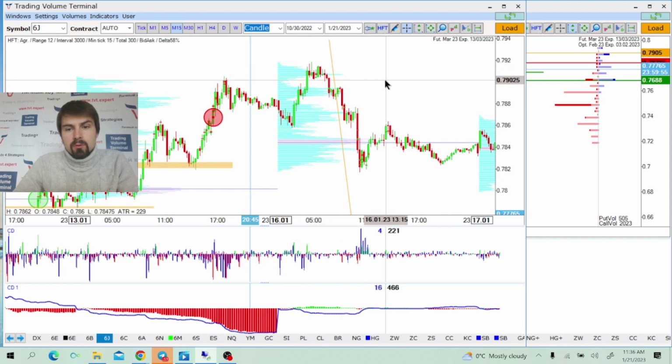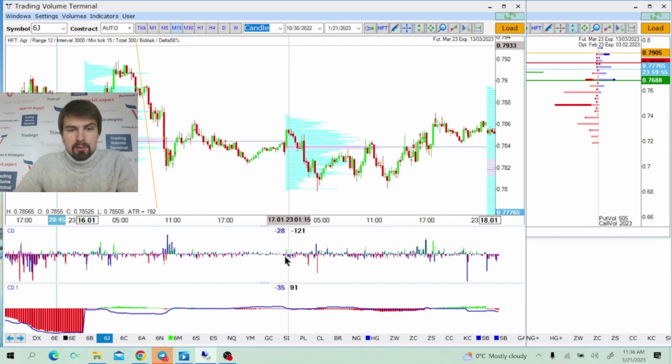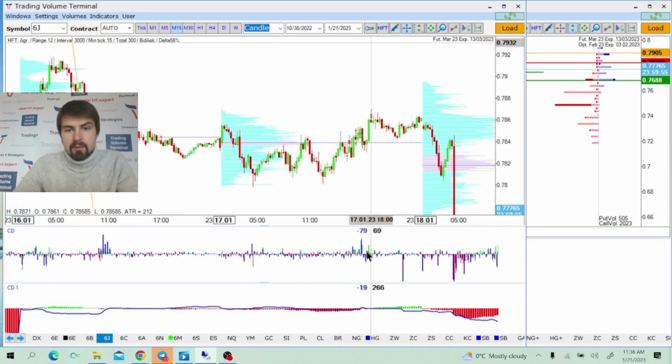And I want to show you more patterns. As you see here, not so huge, but at least positive delta on the uprise movement, and quantitative delta is at zero. Also here we see. And after such situations, we have market reversals.